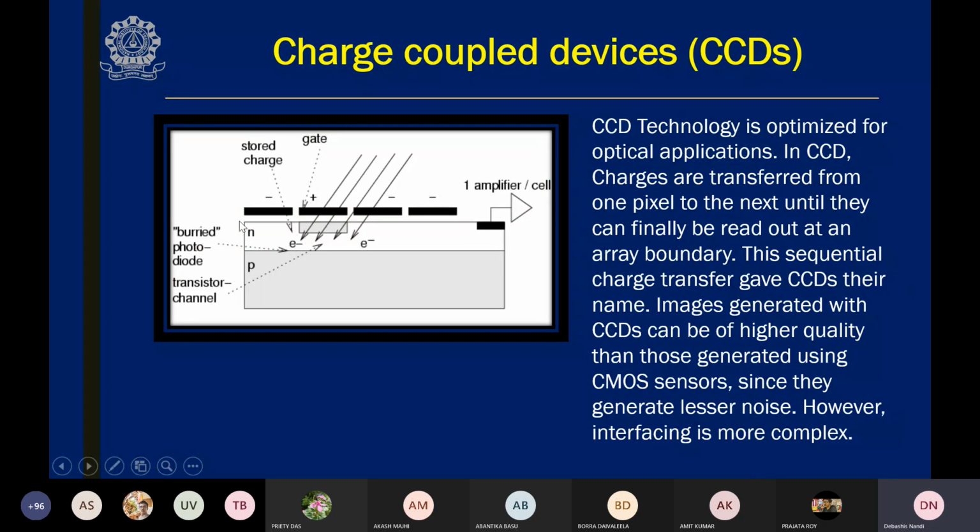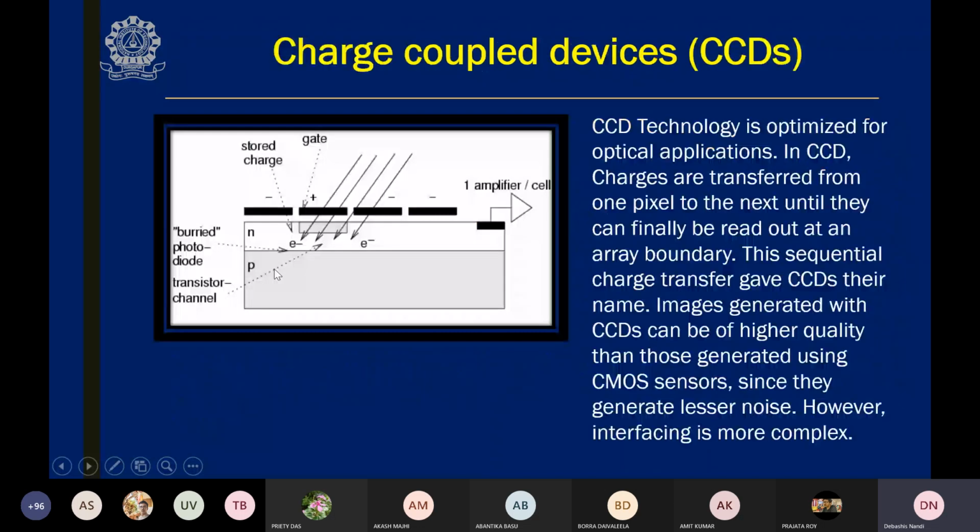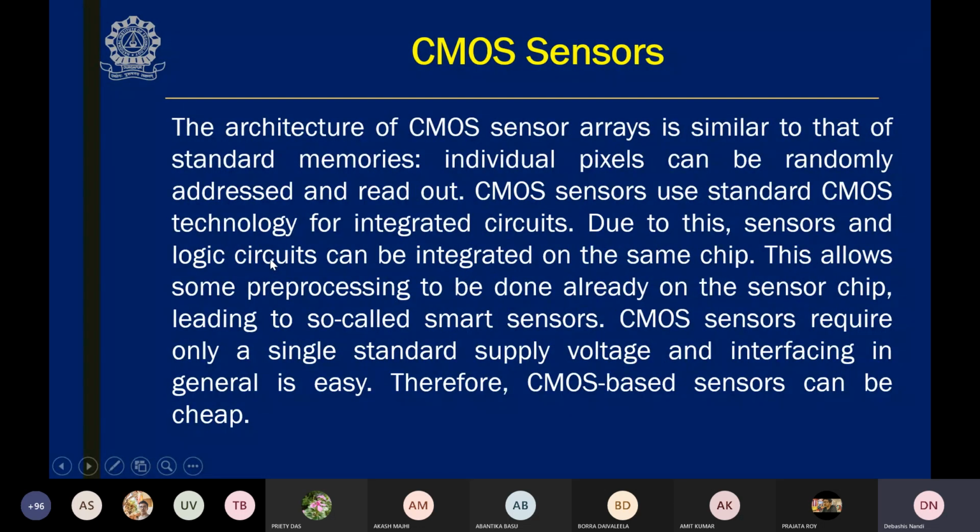Okay, so this is the charge coupled device, and then CMOS sensors are also there. The architecture of CMOS sensor arrays is similar to the standard memories, just like a CMOS memory array. In your digital class, I think you have studied how memory is fabricated.